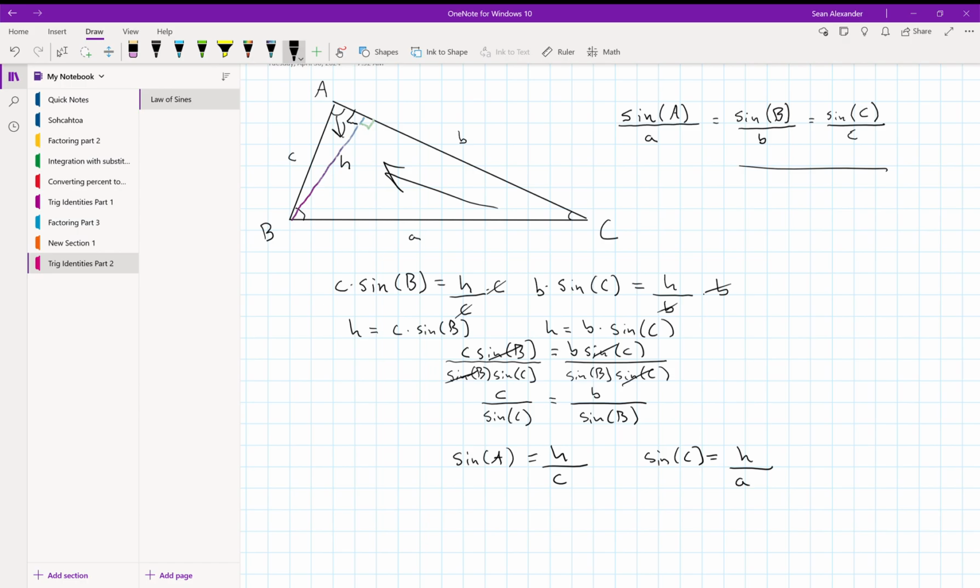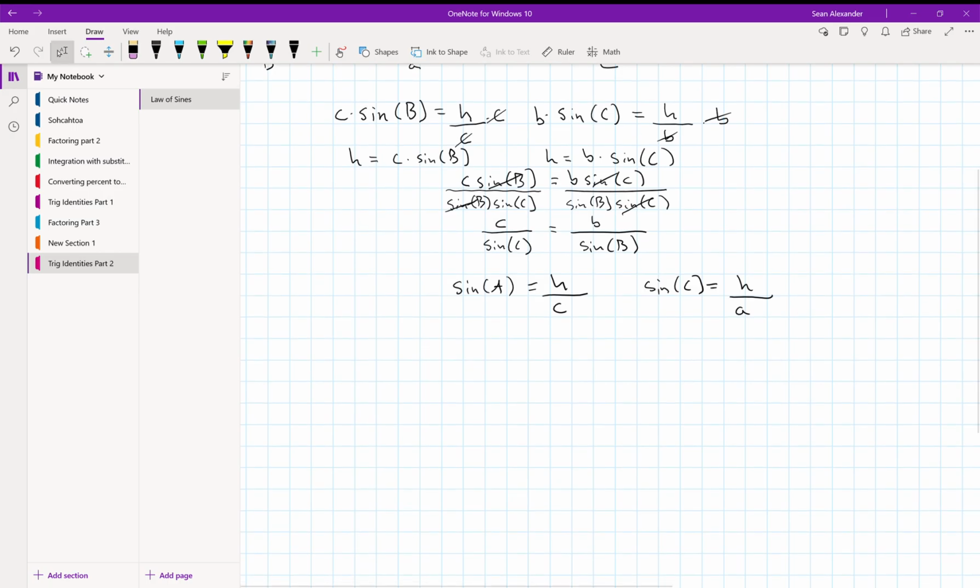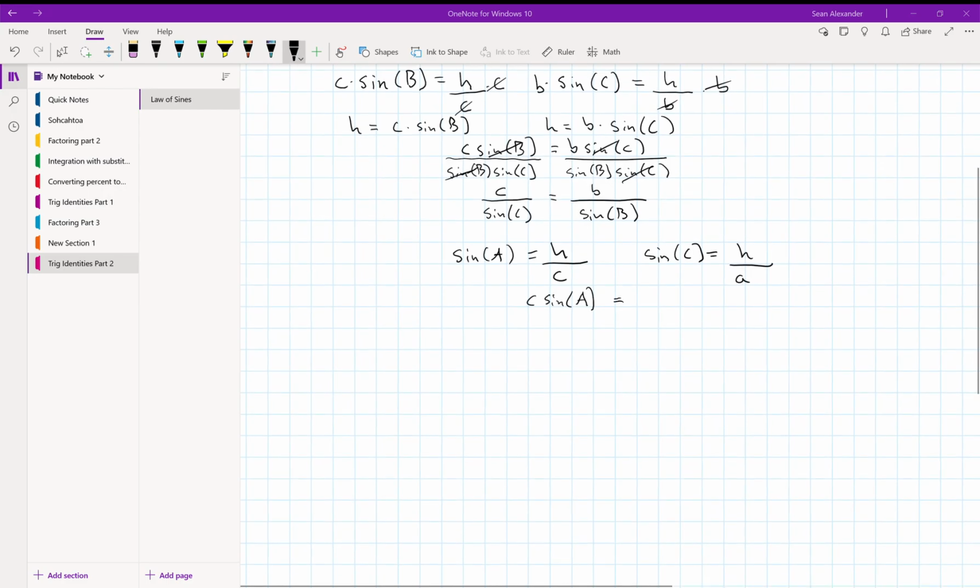Cool. And then I'm going to skip a step here again, multiplying both sides by c over here, and both sides by a over here. We can set these two equal to say that c sine A equals a sine C. Again, I skipped a step, but we did the same thing last time.